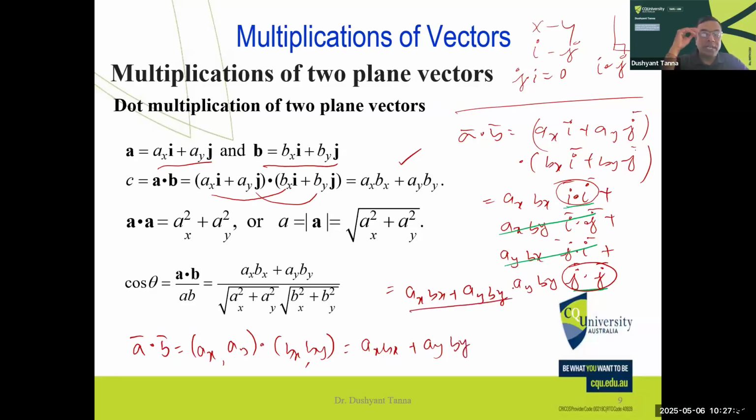If you want cos theta, which is A dot B over magnitude A times magnitude B, it is AX BX plus AY BY divided by magnitude A and magnitude B.